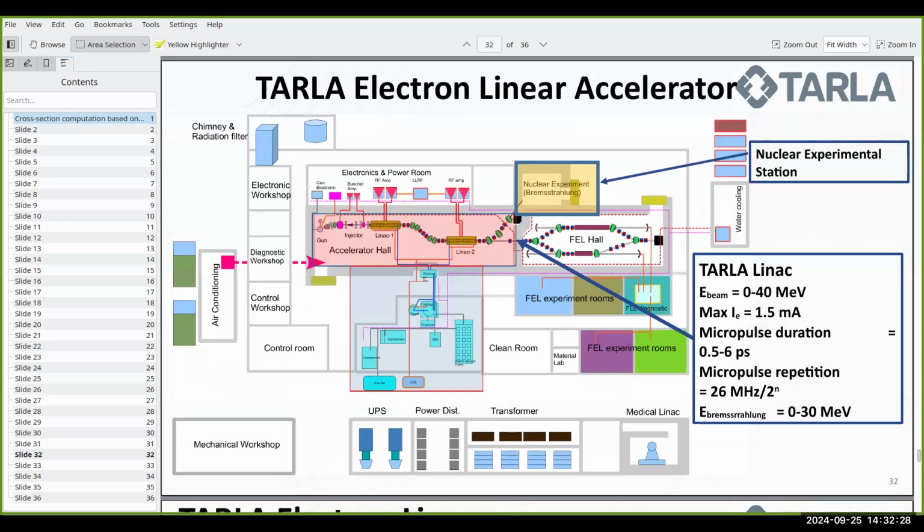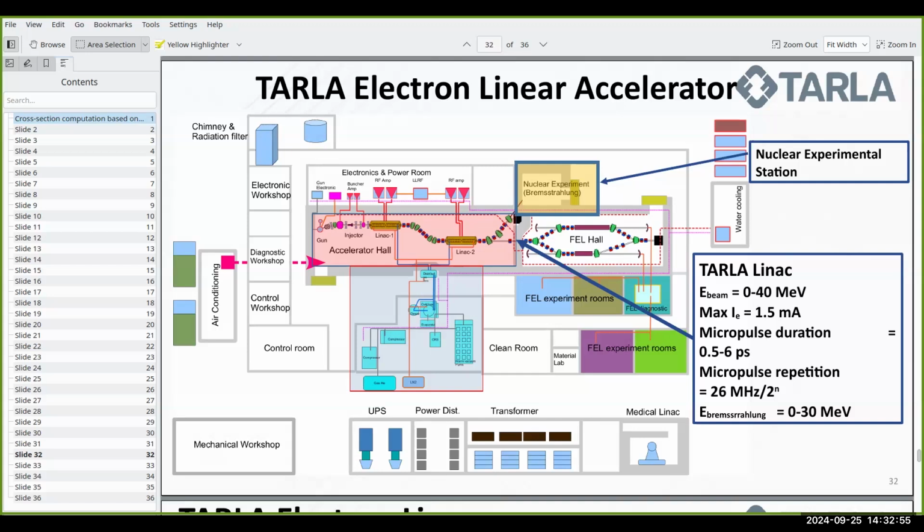So let me introduce Tarla briefly. Here in Ankara, we are building a superconducting linear accelerator. It actually consists of two cryo modules, LINAC 1 and LINAC 2, labeled here in pink. The injector for the first accelerator starts with an electron gun, which goes up to about 250 keV.